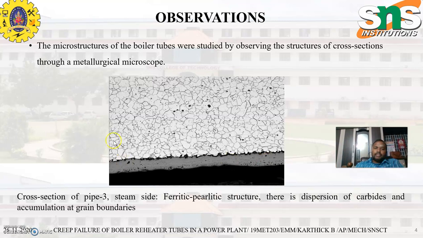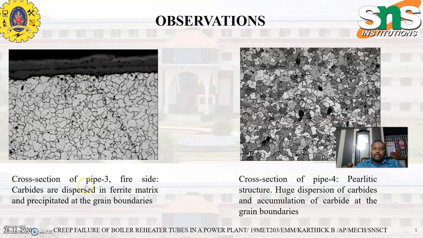This is a ferritic-pearlitic structure where the carbides have accumulated in the grain boundaries. Taking the cross section of pipe number 3, this is the fire side. It's already seen that carbides are precipitated in the ferrite matrix and at the grain boundaries.